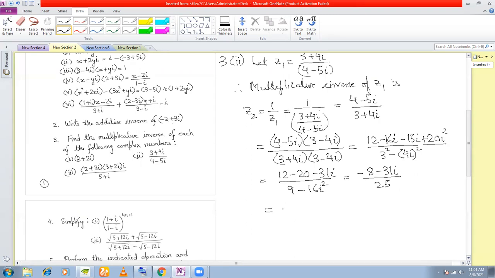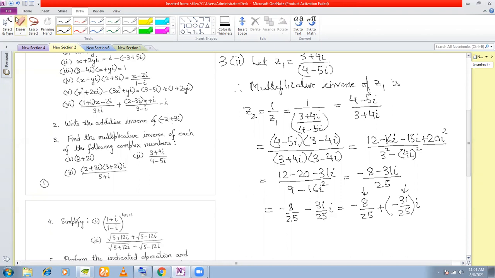So now you separate the real and imaginary parts. Minus 8 by 25 minus 31 by 25i. Or you can also write this as minus 8 by 25 plus minus 31 by 25i. That means this is your real part, negative, and the imaginary part is also a negative real number.